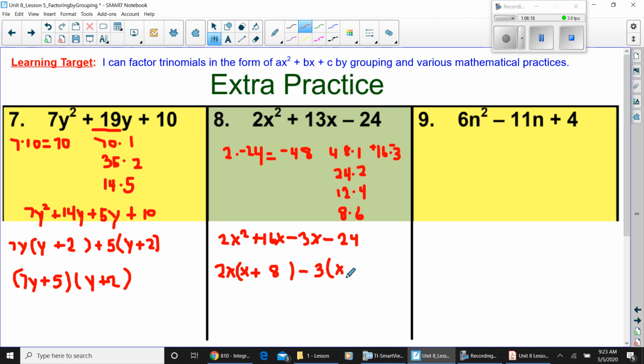And negative 3 times what equals negative 27? That is a positive 8. Negative 3 times 8 equals negative 24. So as your final answer, you have 2x minus 3 times x plus 8.